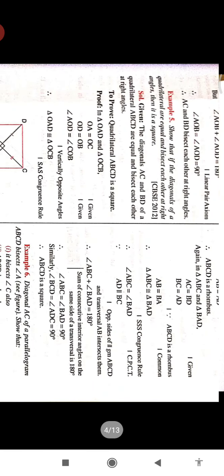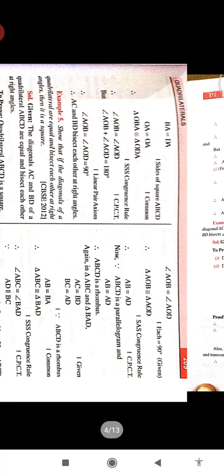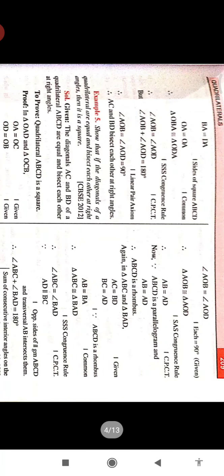Now, in triangle AOB and triangle AOD, OA equals OA, common. OB equals OD. Why is this equal? It is given in the question that they bisect each other. Angle AOB equals angle AOD. It is also given, bisect each other at right angles.